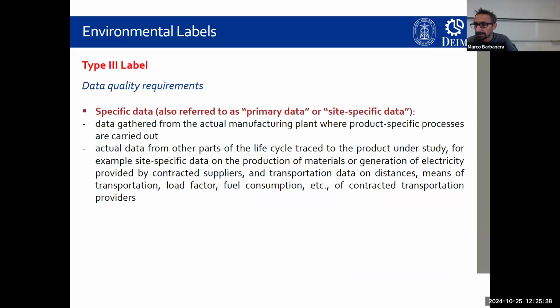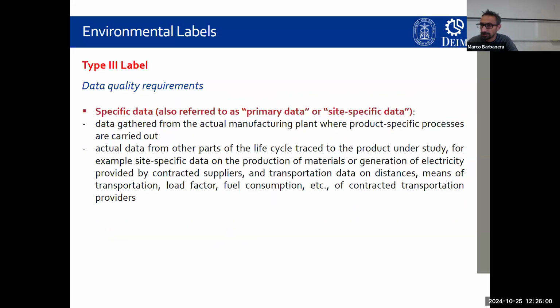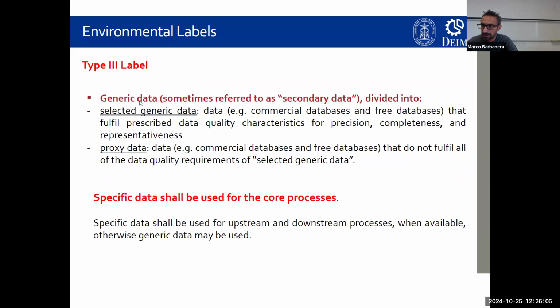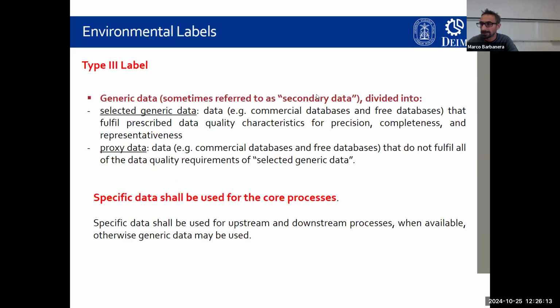As I have said previously, in these guidelines, we can find also specific requirements about the data quality to construct the inventory. In particular, inventory data are divided into two classes of data: specific data and generic data. Specific data are the primary data. Generic data are the secondary data.